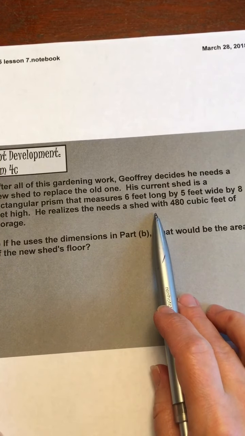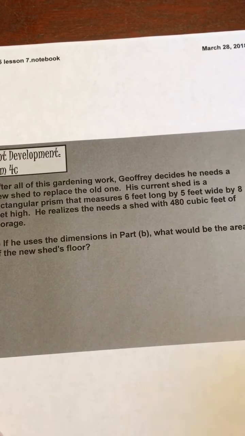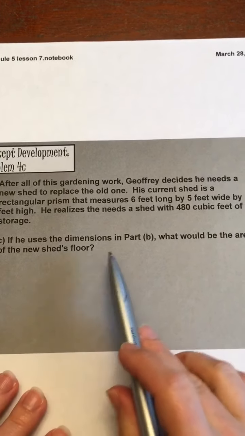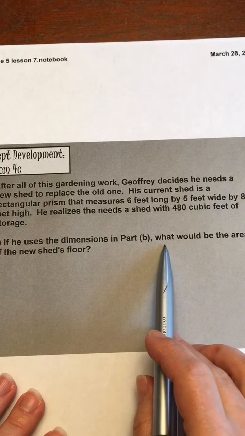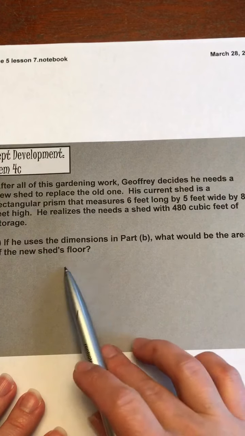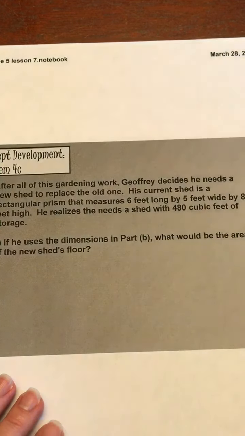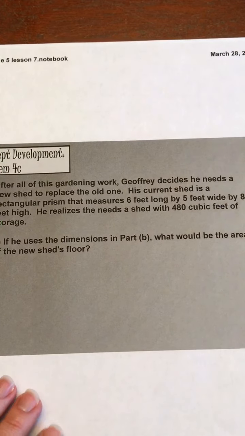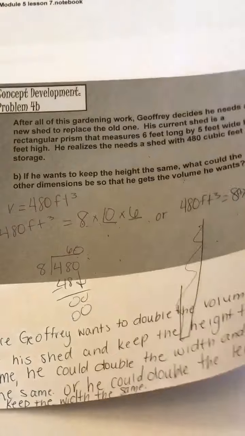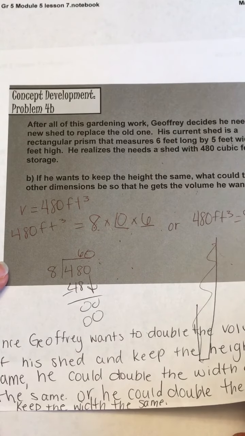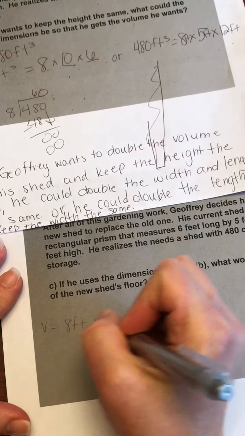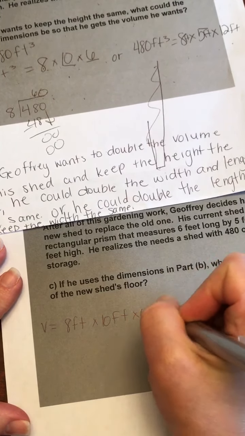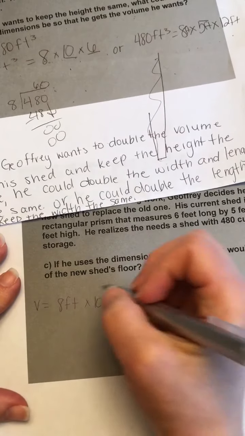And we've got the same problem. And so it says, if he uses the dimensions in part B, what would be the area of the new shed's floor? Okay, so I actually came up with 2 dimensions for part B. So if I use this one here, where it is 8 feet times 10 feet times 6 feet, then this is the height.